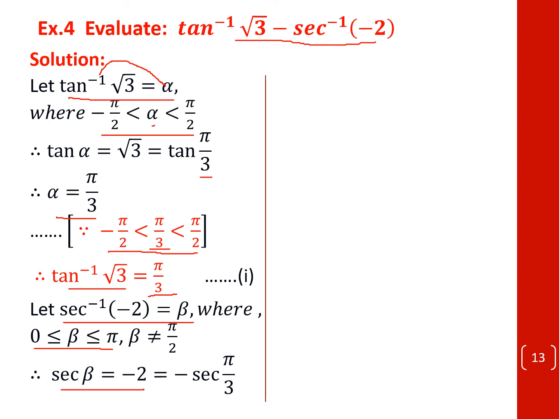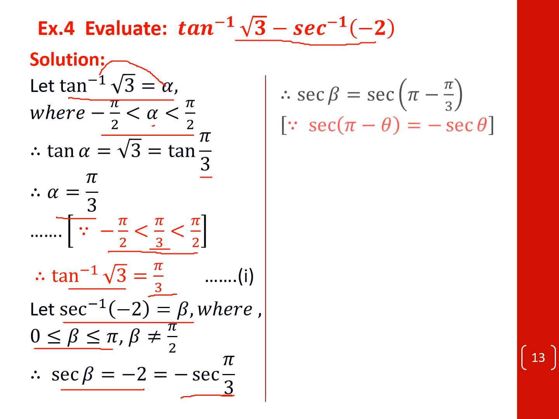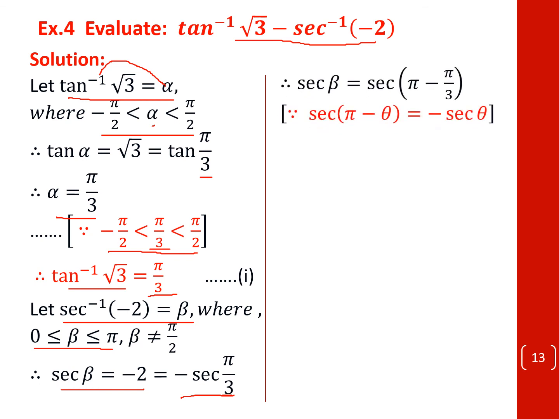So we have cos is equal to minus 1 by 2. The value of sec pi by 3 is equal to 2. Therefore here we will use sec beta is equal to minus 2, which is equal to minus of sec pi by 3. Now here minus sign is there, so we will use allied angle formulae.